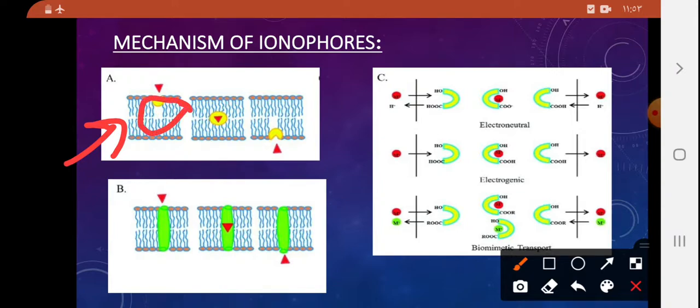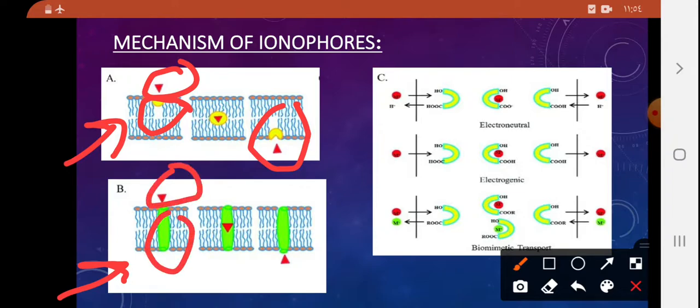This ion carrier binds with the ion, shields it from the lipophilic, I mean hydrophobic, interior of the membrane, and transports it to the other side of the membrane. In picture B, we illustrate large ionophores that form ion channels across the membrane and transport ions through these channels.